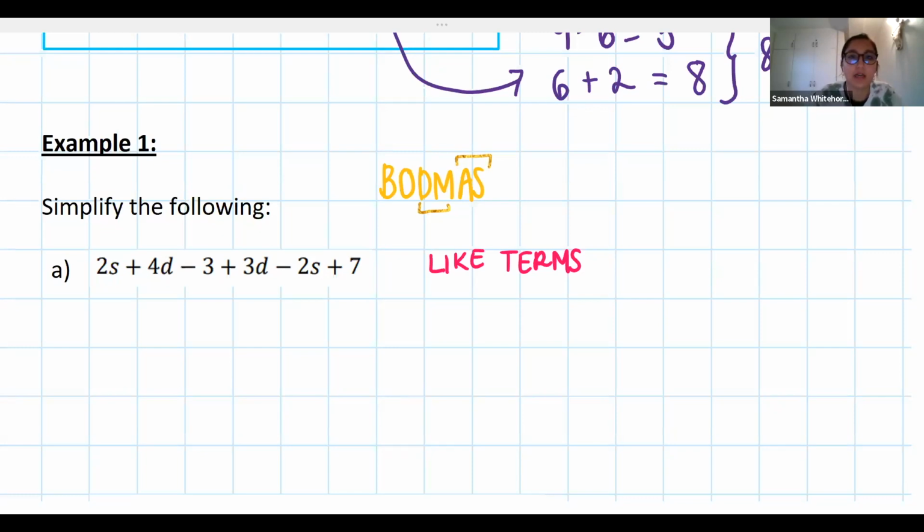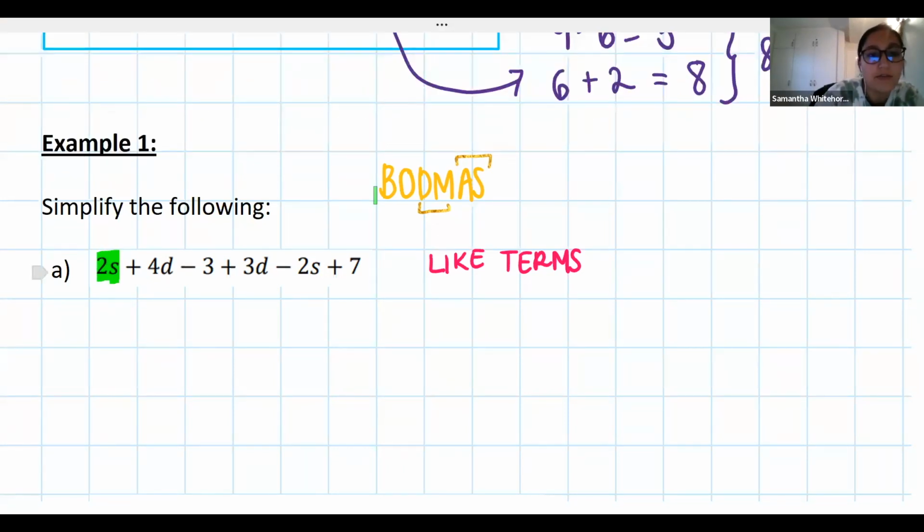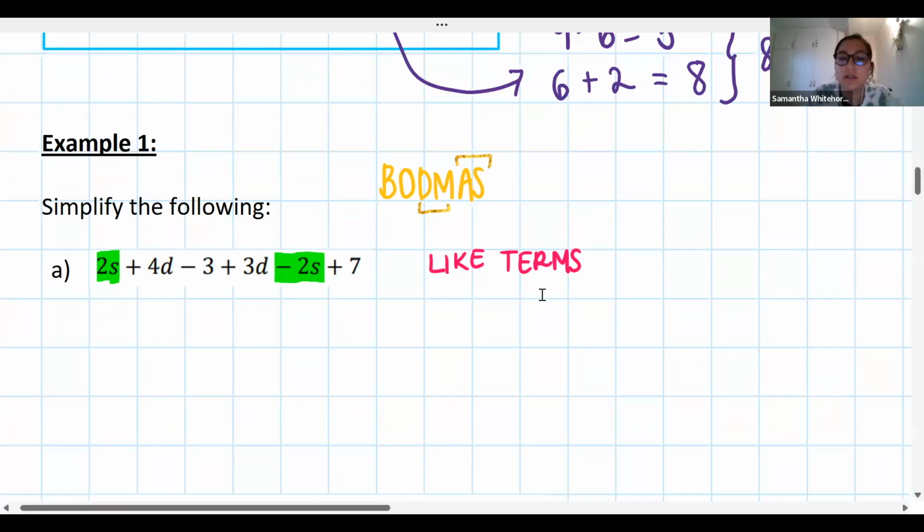So if we have a look at our expression, and I like to identify my like terms by highlighting them, we can see that we've got a term with S in it, and we've got a second term with S in it, and so those would be like terms. So the positive 2S and the negative 2S, those are like terms to each other. What that means is I can add or subtract them. Those are the only terms with S in them.